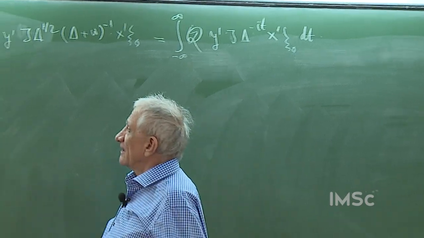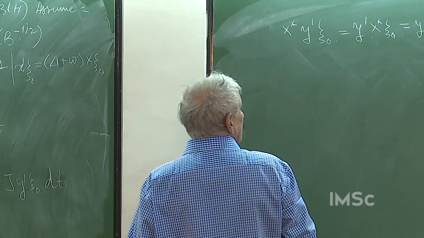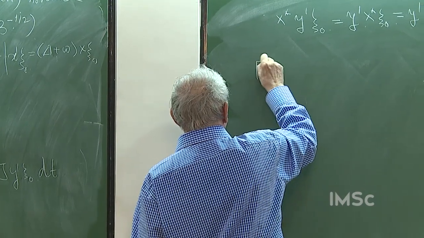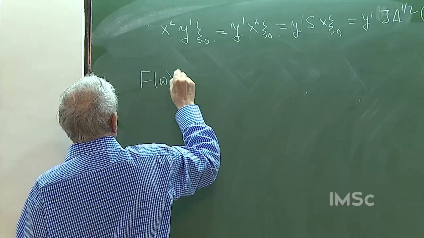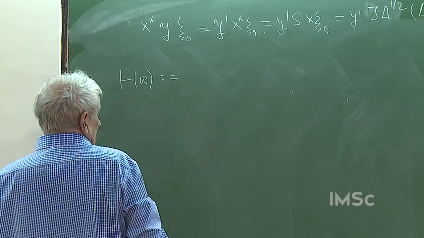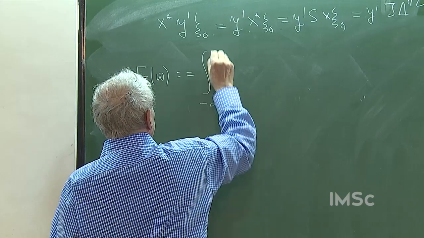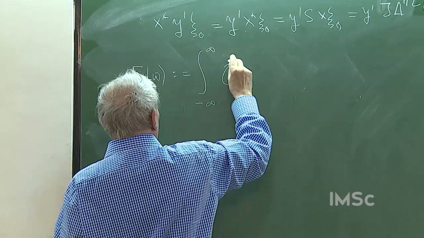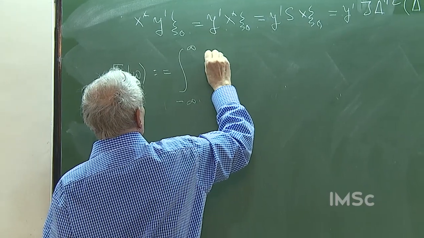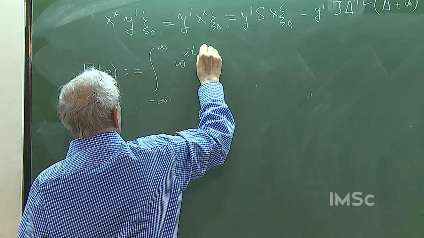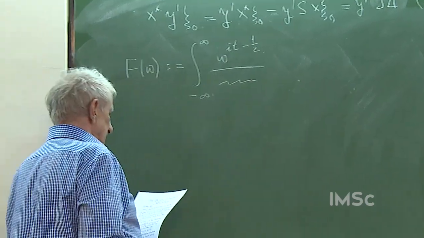Well, now looking at both results, we define the function f of omega equal to, by definition, the integral from minus infinity to infinity of the normalization factor, I will write it now, omega to power it minus 1/2 over whatever is in here.